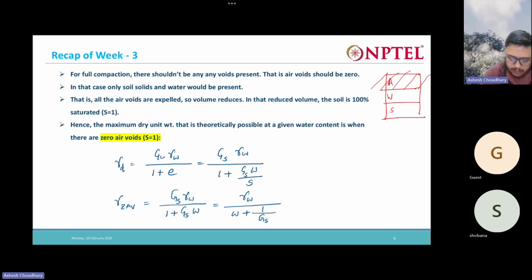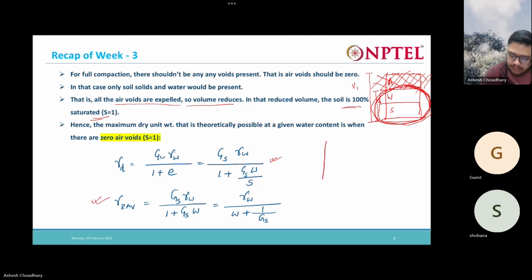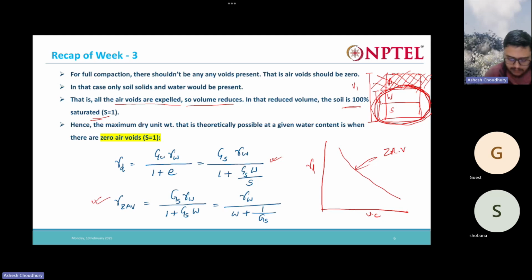This relation we already know. In this, if we put S equal to 1, you will get the dry density known as the zero air void dry density. This is the dry density, and you have the water content. This will plot like this. This is the zero air voids line, meaning theoretically there are no air voids.